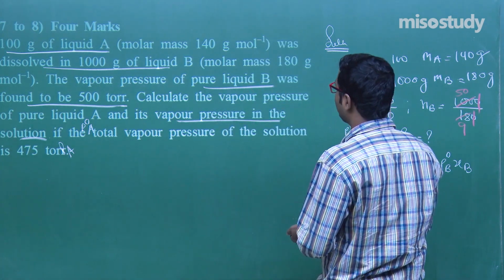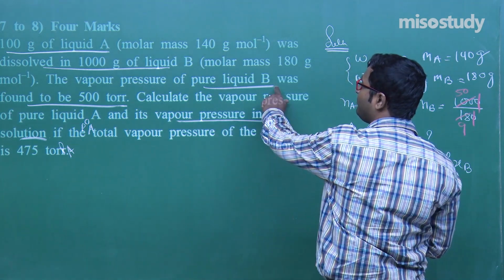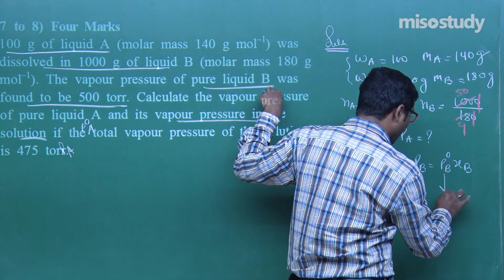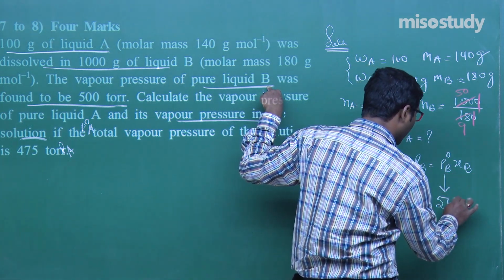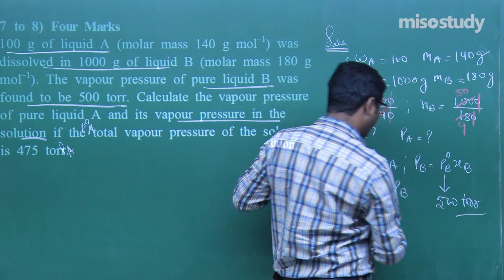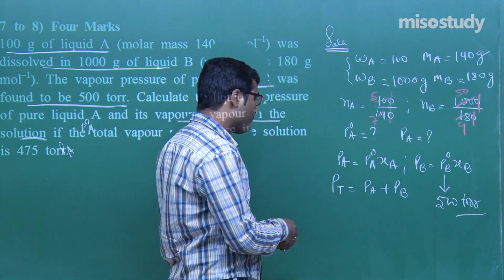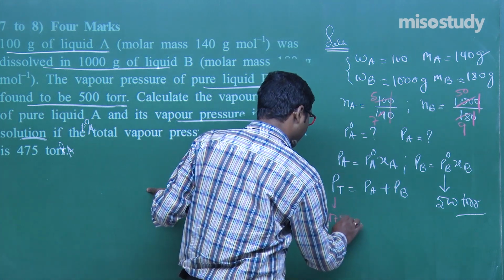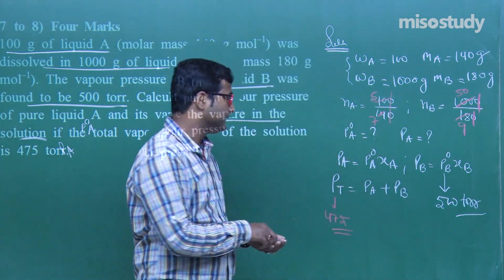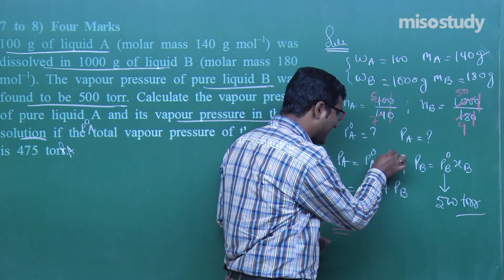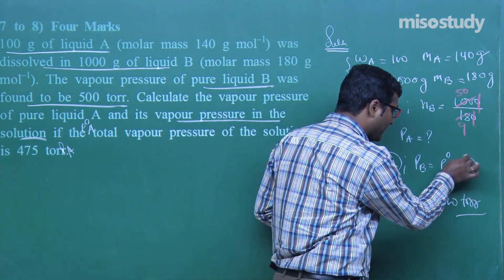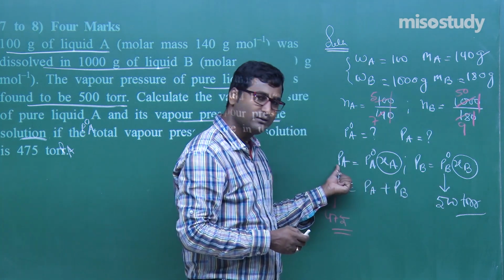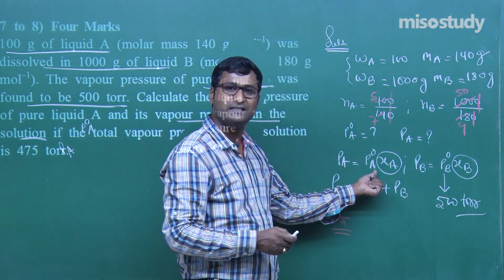And the question says the vapor pressure of pure liquid B, that is P naught B, is given here 500 torr. Am I right? Yes. And PT is given here 475 torr, my friend. Now, if I get XA, mole fraction of A and mole fraction of B, then we get PA and PB. And if I get PA, then we can easily get P naught A.